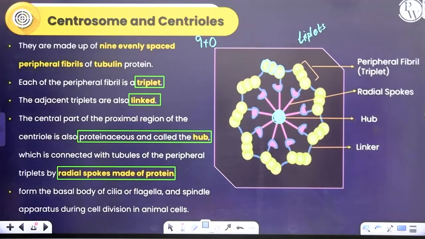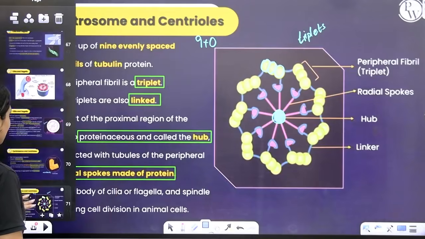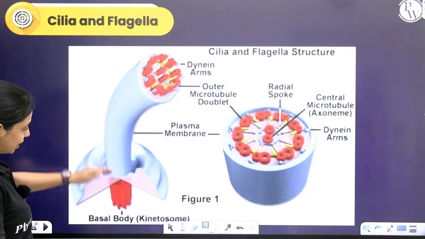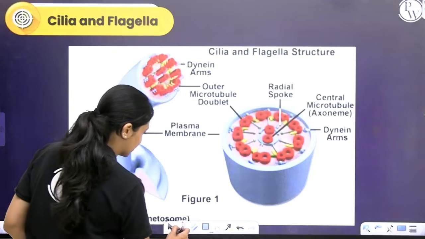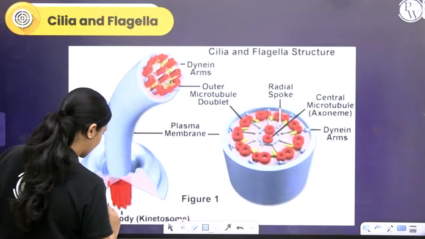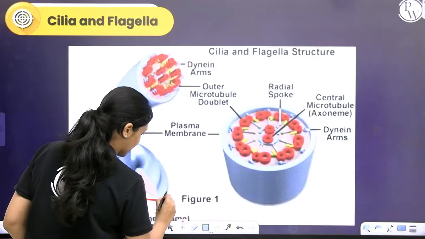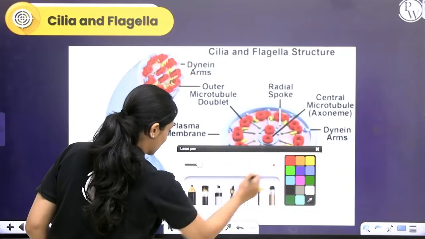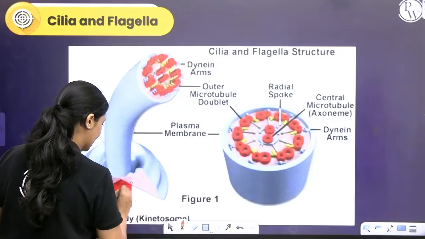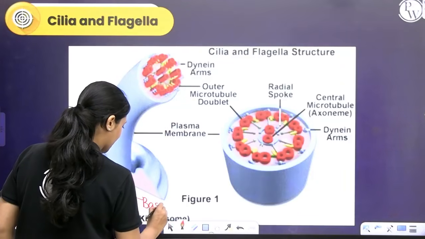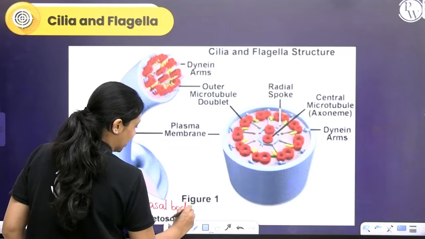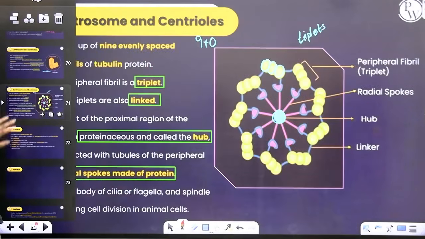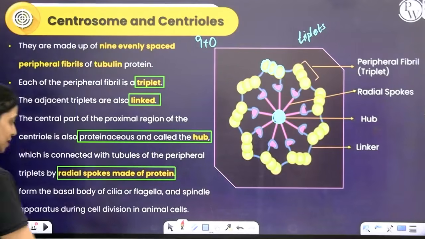I've told you everything. When these flagella arise from a cell within the plasma membrane towards the inside of the cell, they arise from a structure called the basal body. This basal body also has a structure similar to the centrosome or the centrioles.